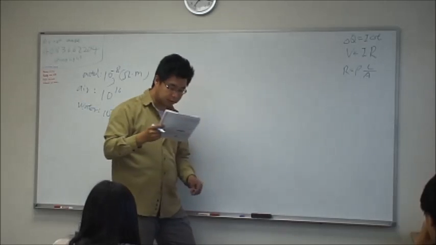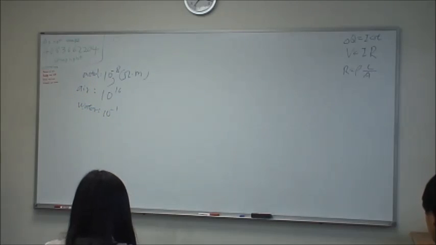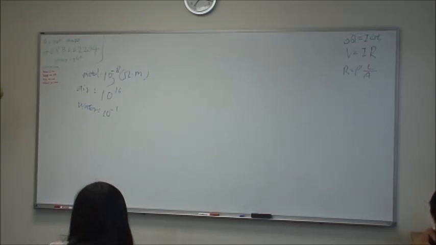Okay, this is super easy, right? So basically, it talks about the wire, the resistivity 10 to the minus 8, the length 1.2, and the area. The area is in terms of meter square, so it's 10 to the minus 8. So it's 170 ohm.